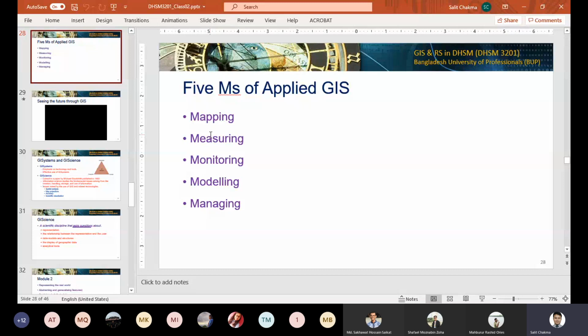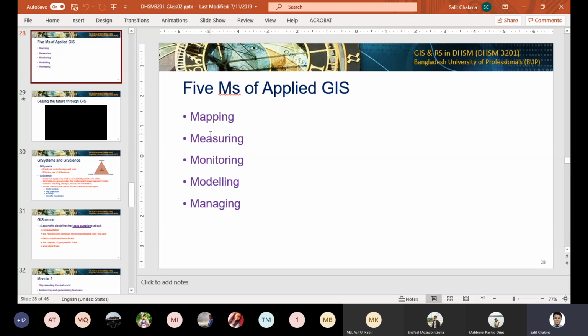It's a continuous phenomenon, a continuous incident. You continuously observe something, that is called monitoring. While measurement could be at any point of time, time is not relevant there. So when you have only 2 points of time and then you find out the changes, we do not normally say monitoring, we normally say measurement.